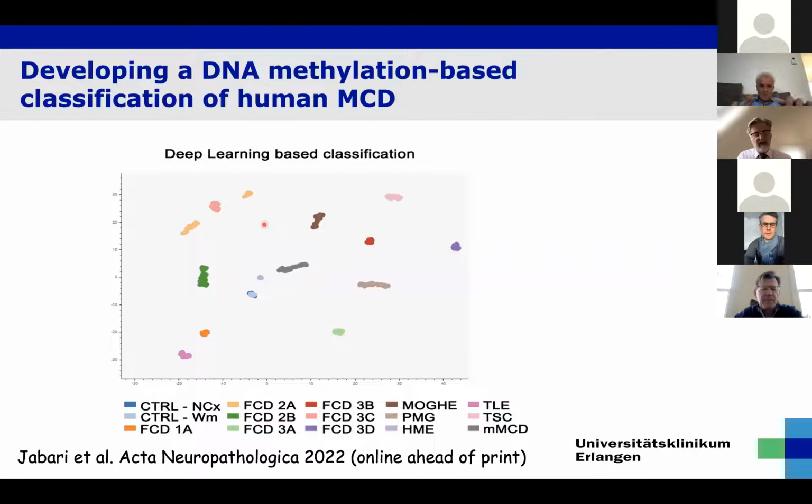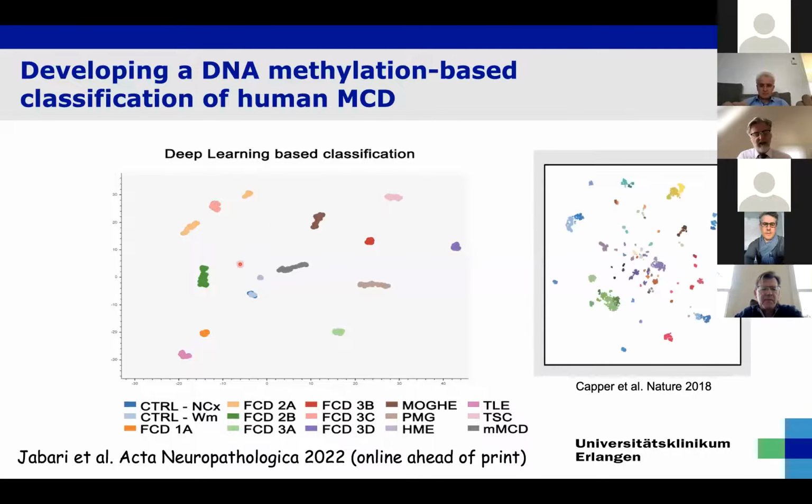fantastic classifier that really looks very similar to the one that David Capper published on the brain tumors. This is a famous 2018 Nature paper from Heidelberg that is the foundation of DNA methylation profiling in disease diagnostics. It's very similar working for the MCD.